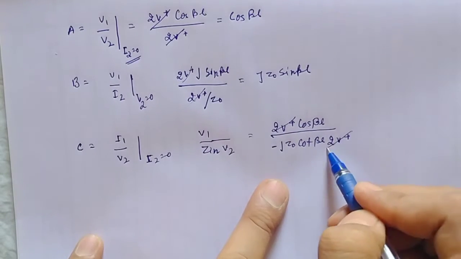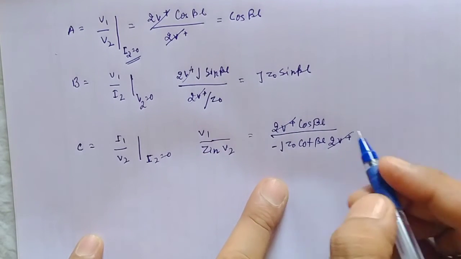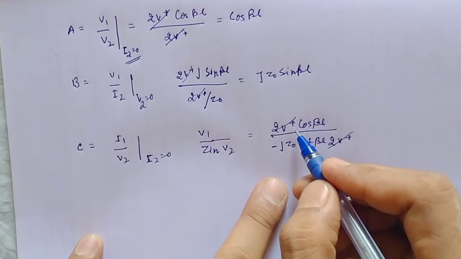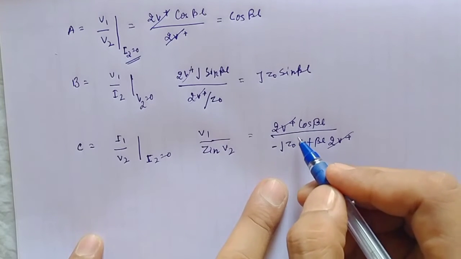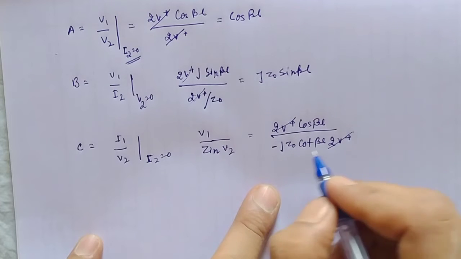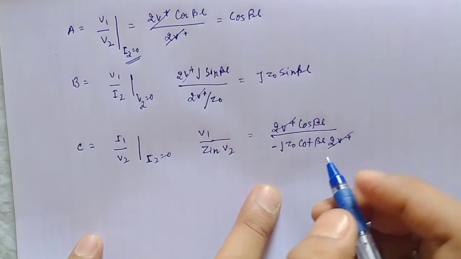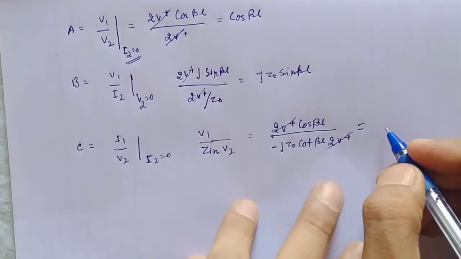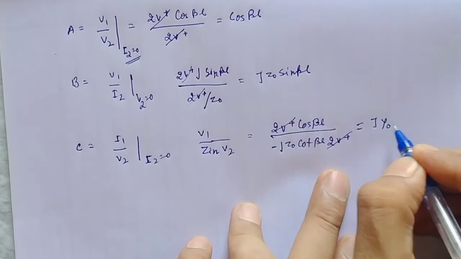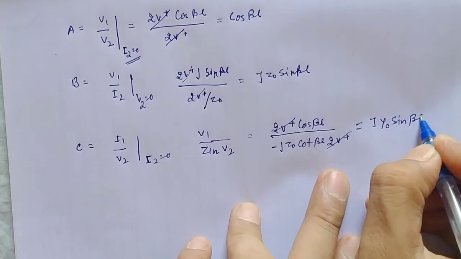So 2V plus and 2V plus cancel, this minus j will go upside and Z0 also. You can convert cot to cos by sin, so cos will cancel out, and this expression you will get equal to jY0 sin of βL.